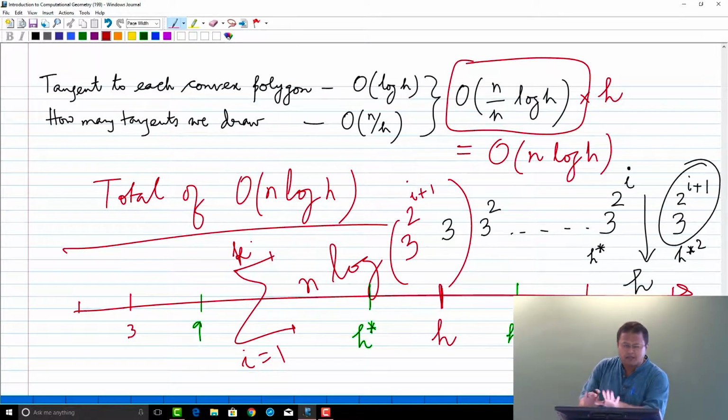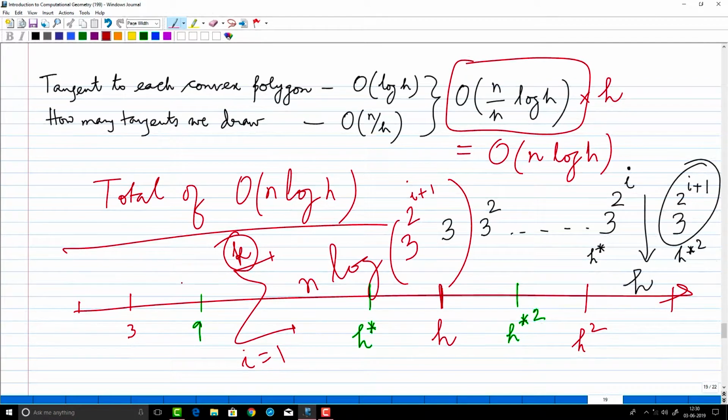There is nothing much in there. Once you have understood the idea, just do this. The idea is, this k should be such that 3 to the power of 2 to the power of k plus 1 is below h square and greater than h. Surely within that, this h square is there.